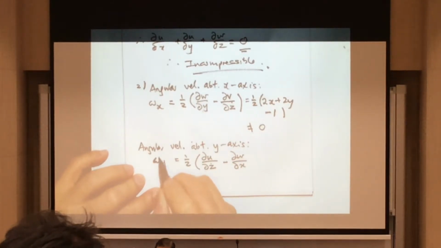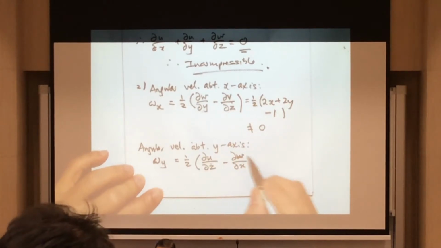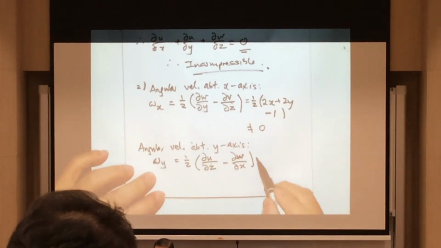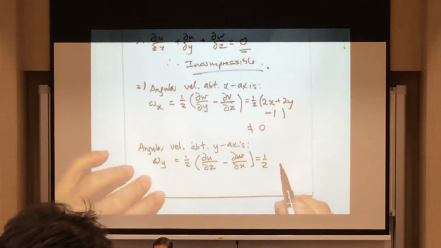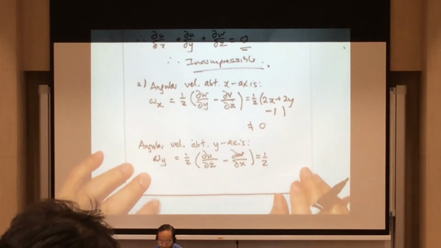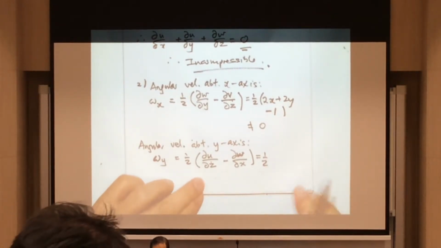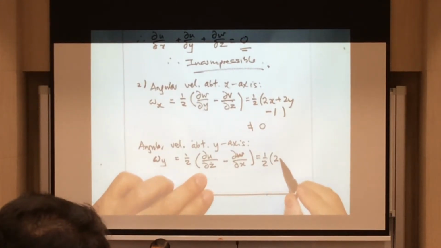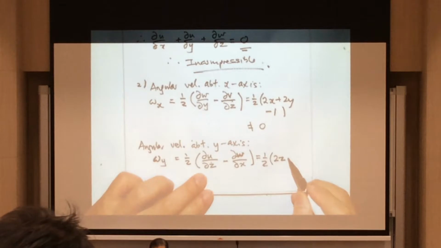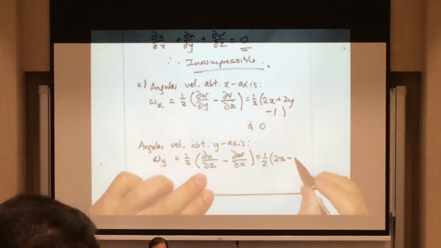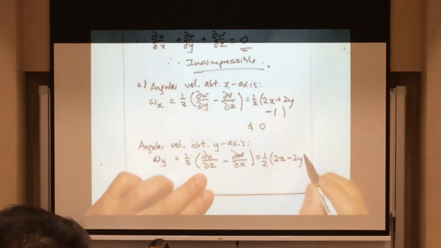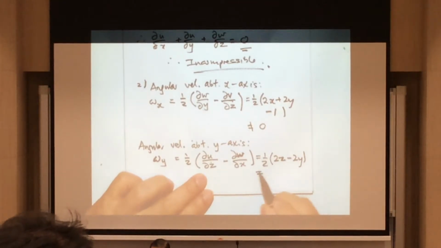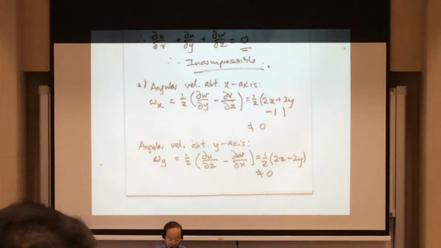From the expressions given to us, the u, v and w expressions, you do the necessary differentiation. Del u del z is 2z, and del w del x is 2y. So again, this is not equal to 0.